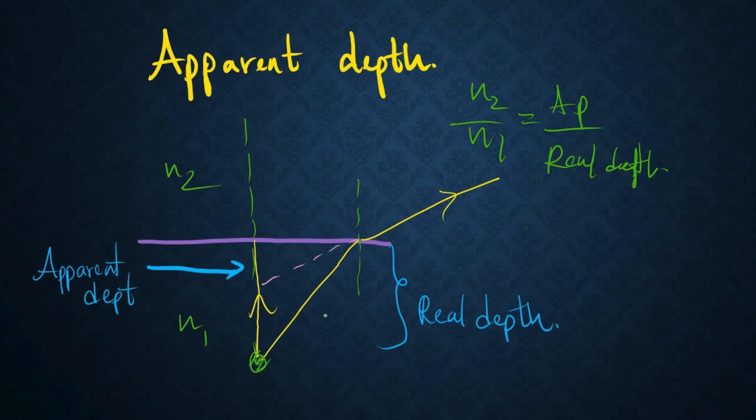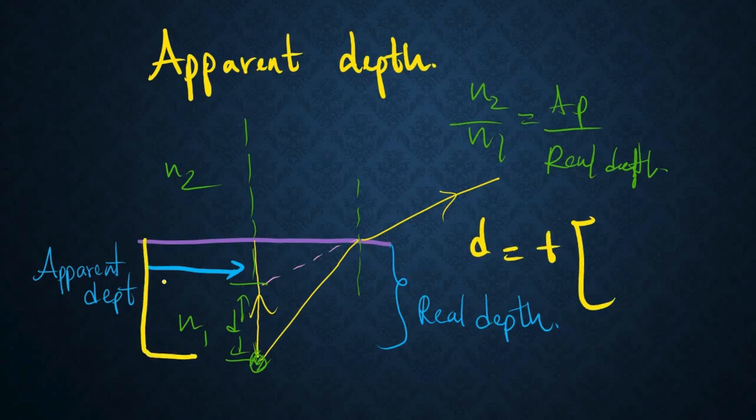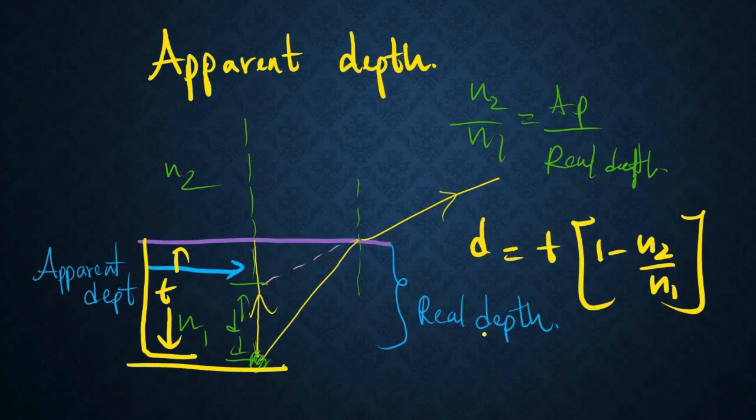The difference between real depth and apparent depth we call apparent shift, d. We can write d equals t into (1 minus n2 over n1), where t is the thickness of the medium, or you can take it as the real depth.